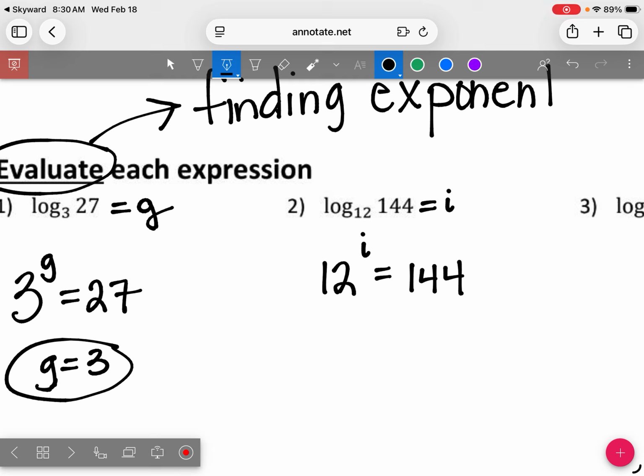Y'all going fast through these. Joseph, what would you put? 2. Yep. Oops. I always do that. This little thing does not want to stay on my Apple Pencil. I'm going to have to order some more of these. Okay. I equals 2.